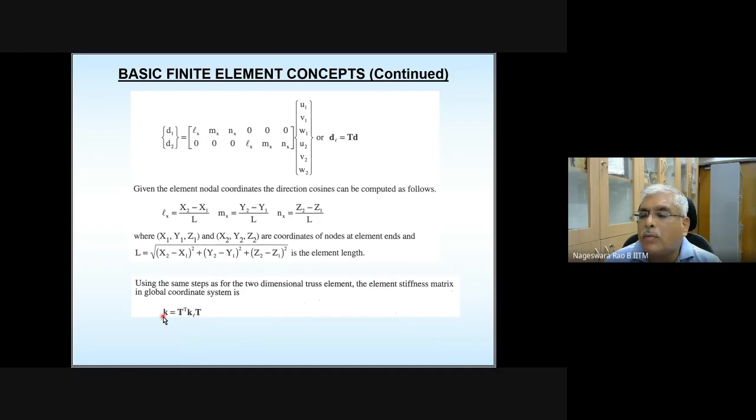T is 2 by 6, so T transpose is 6 by 2, and KL is 2 by 2, and T is 2 by 6. So 6 by 2, 2 by 2, 2 by 6. If you multiply, you are going to get a 6 by 6 matrix.